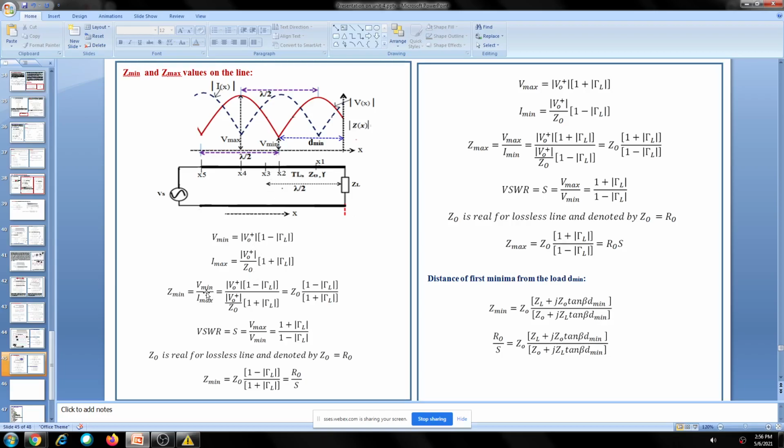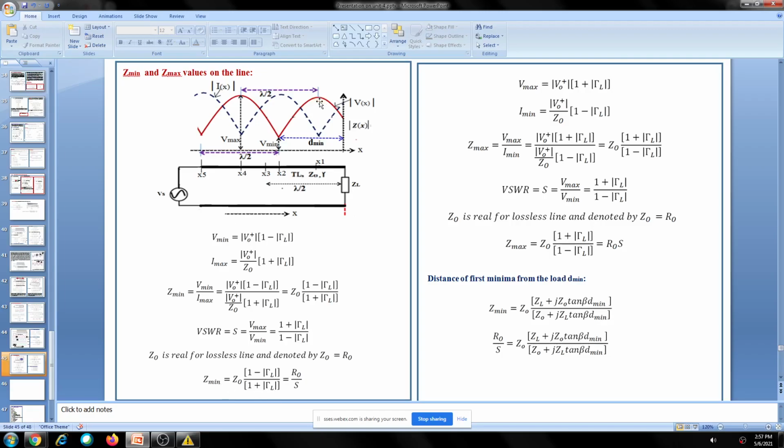Impedance at x2, that is equal to this, but this term is equal to 1 by S. Okay, so this is R naught by S. Z naught is R naught, because it is real, you will be having it like this. So Z minimum you can calculate easily if you know the characteristic impedance and standing wave ratio. S is the standing wave ratio, you can calculate the minimum impedance.